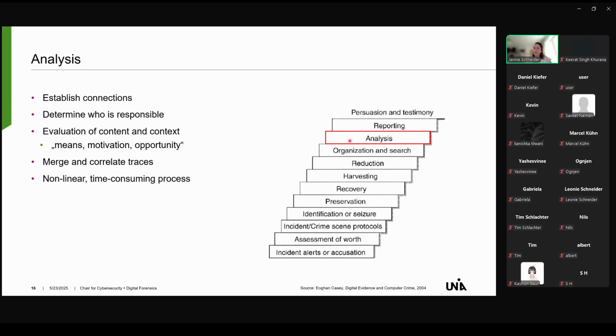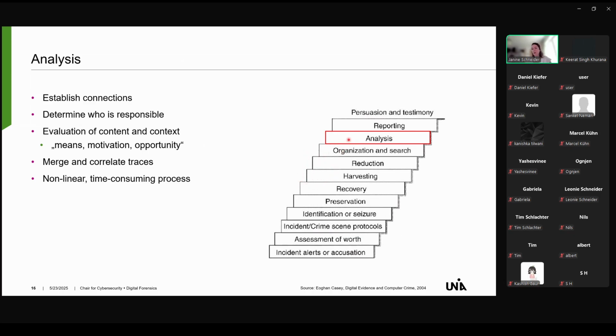Then you analyze again, then you find out there is something missing, then you go back to recovery.